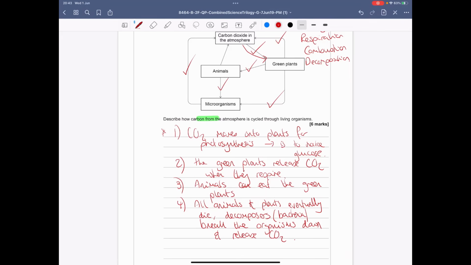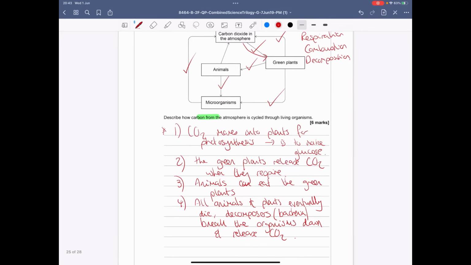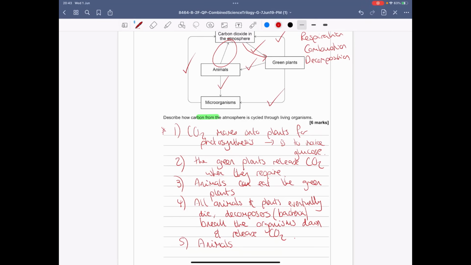And then finally, animals respire in this arrow, which again puts CO2 back into the atmosphere. So point 5, animals, when alive, also respire, releasing CO2 to the atmosphere.